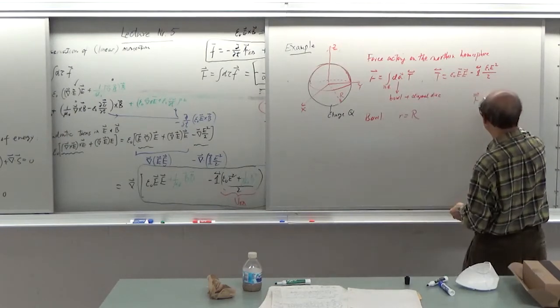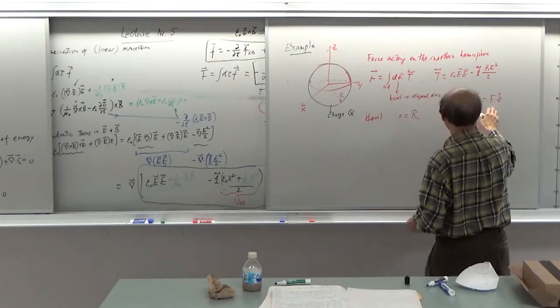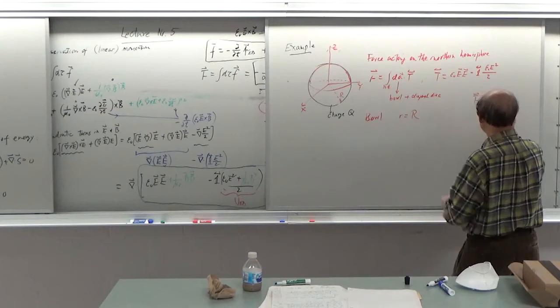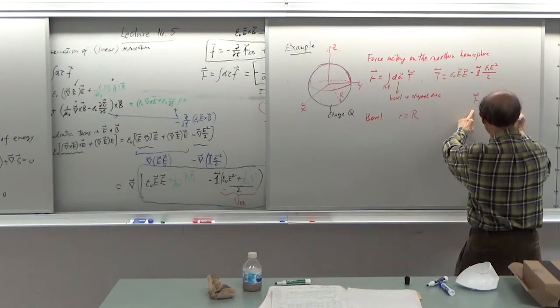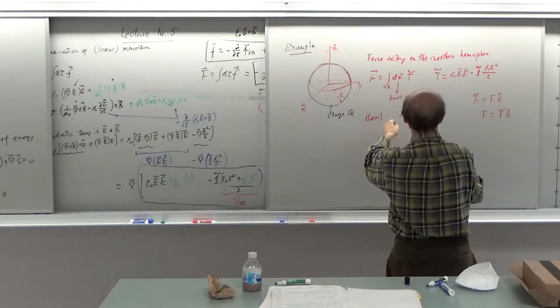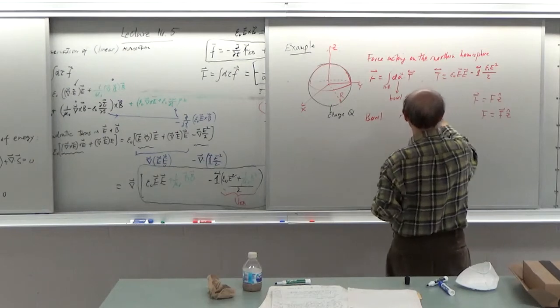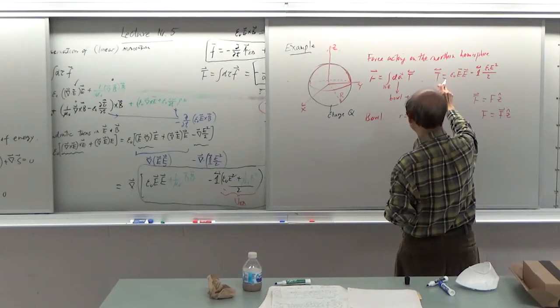So you say F is equal to F times z hat, where F, of course, is F dot z hat, the z component. So we only need to do this.